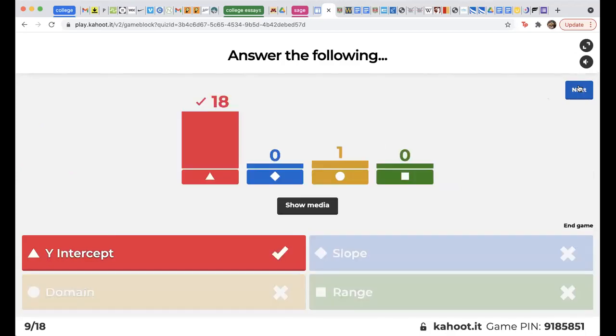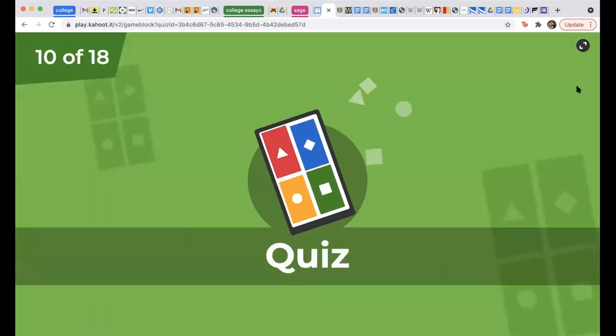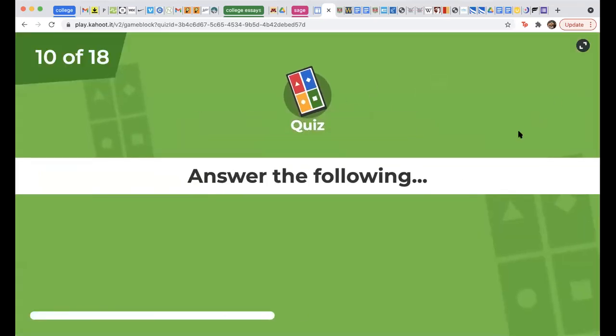Good job. Yeah, y-intercept. Okay, I honestly can't even tell who's who at this point.